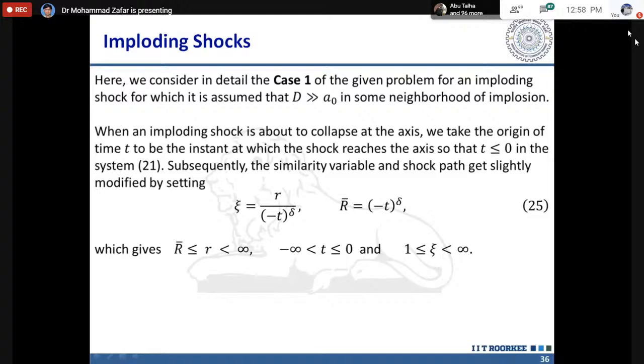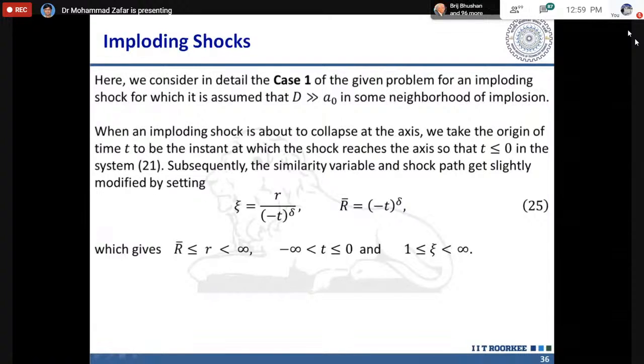We will consider case 1, which we have just seen, in detail. That is for imploding shocks. So what is an imploding shock? A shock which is moving in the inward direction is called an imploding shock. Suppose some spherical piston is moving very fast towards the center.